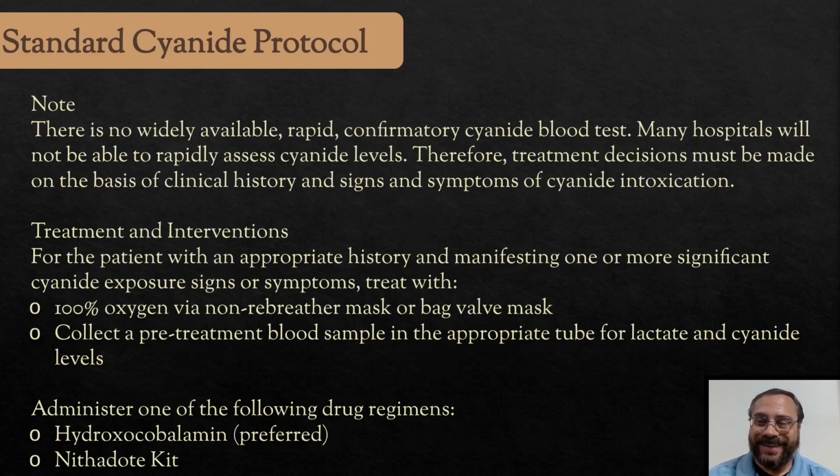This is just a standard protocol. And there may be some things missing here that your service does do. This is meant to be a one-size-fits-all, which doesn't really work all that well. Administer one of the following drug regimens: the hydroxycobalamin, which is preferred, or the thiadote kit. The hydroxycobalamin is also called the cyano kit.